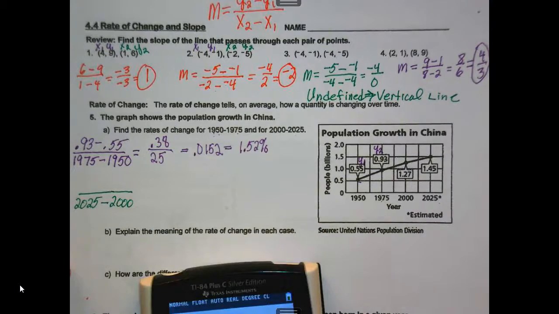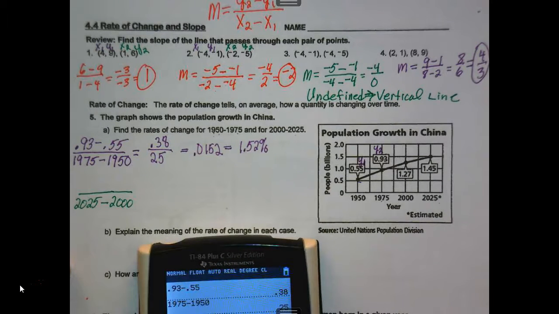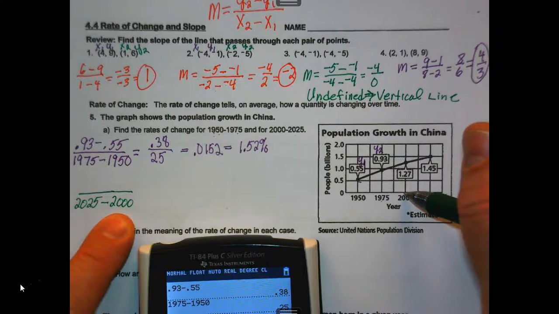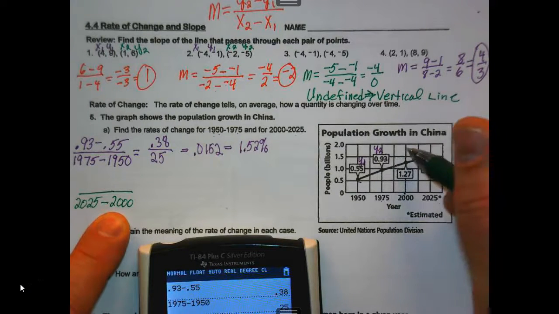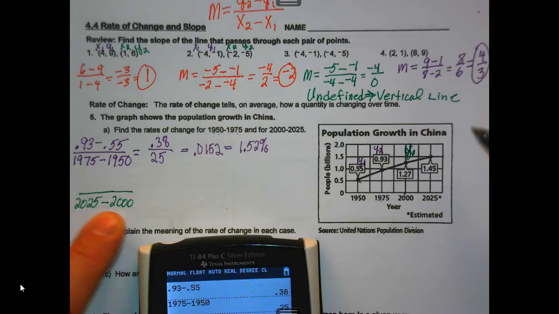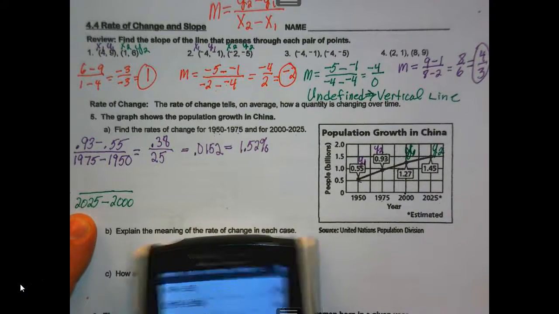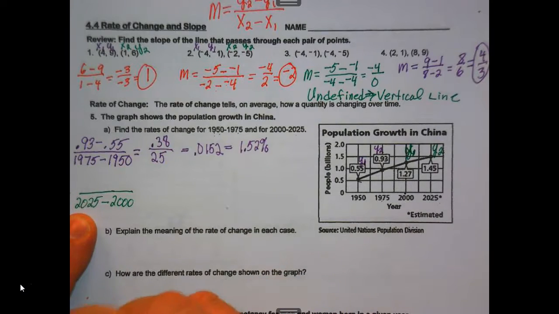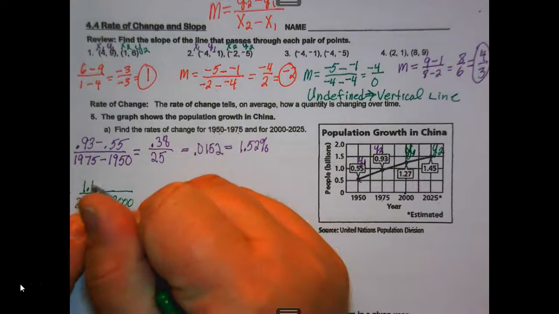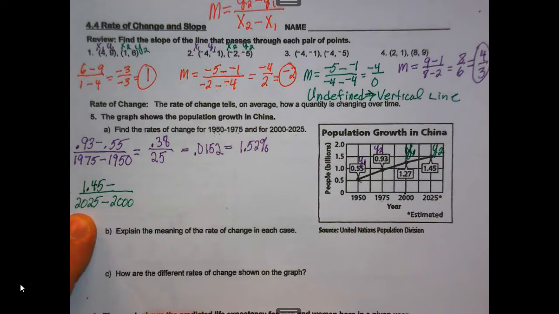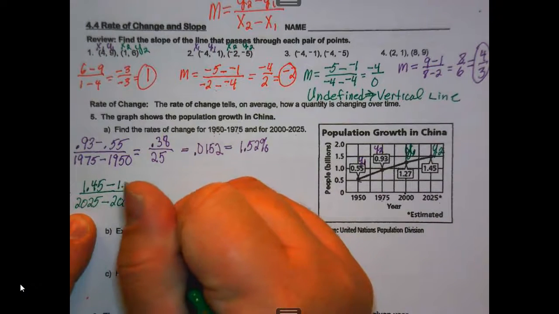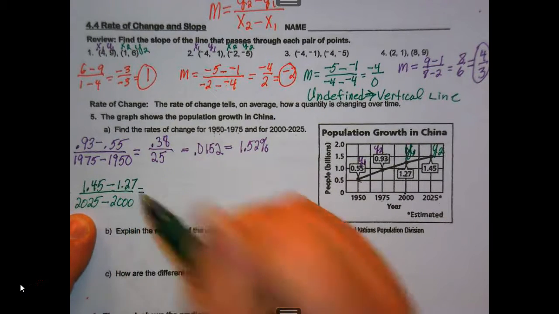All right, let's do the other one. Let's see, this 22,000 is my X1. I'm sorry, my Y1. And 2025, 1.45 is my Y2. So I'm going to have Y2, which is 1.45 minus, yes.